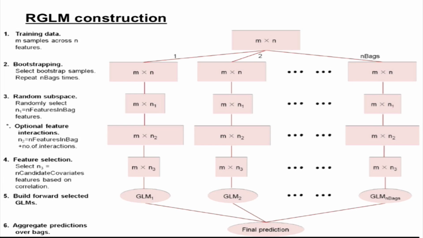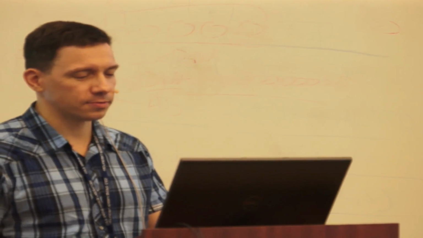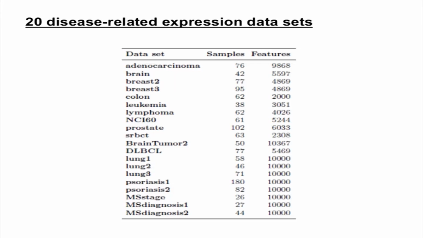So let me describe the performance on these 20 cancer-related and disease-related data sets. So there are adenocarcinoma, brain cancer, breast cancer, but also we have diseases such as psoriasis, multiple sclerosis, and so on. What do we learn here?